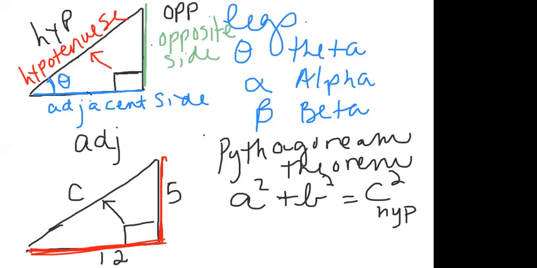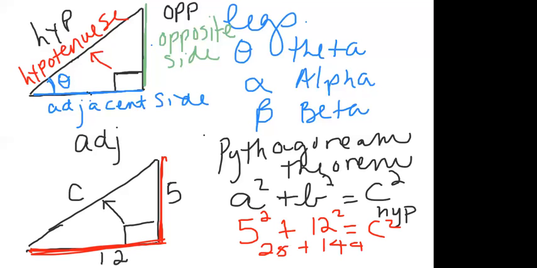So if that is the case, then we would substitute 5 in for A, 12 in for B, and then calculate the value of C. With some quick calculation, 5 squared is 25, 12 squared is 144. If you add them together, that gives you 169.